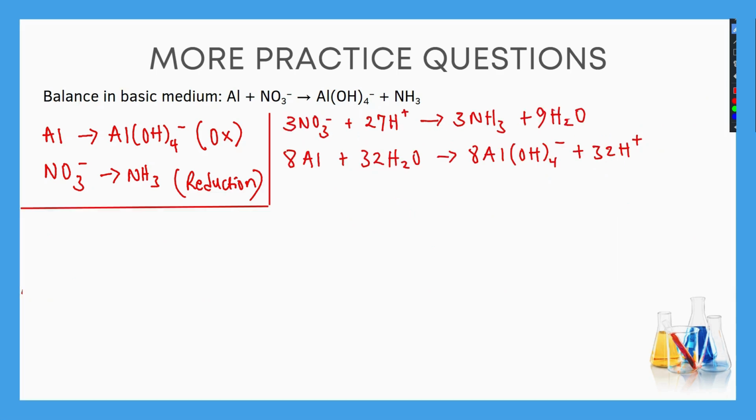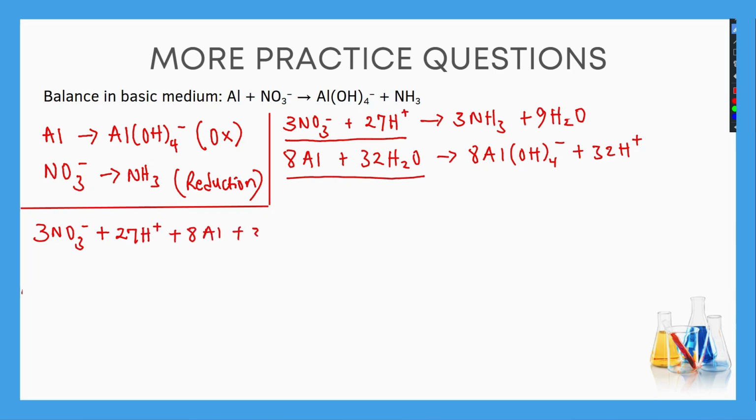All right, at this stage, what we want to do is add both equations together. Everything on the left side will go together. On the left side, we have 3NO₃⁻ + 27H⁺ + 8Al + 32H₂O.